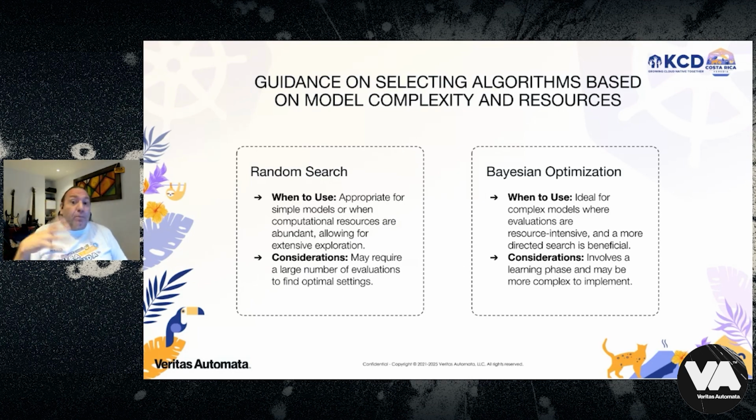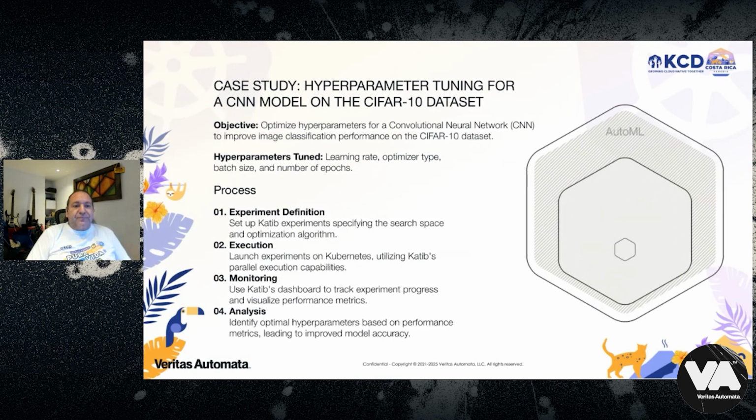And the Bayesian optimization of my findings will be ideal for complex models where evaluations are resource intensive and a more directed search is beneficial. But I need to start from somewhere. So random search and then Bayesian, and it involves a learning phase and may be more complex to implement, the Bayesian one. But again, once I have the starting point, it's all easier.